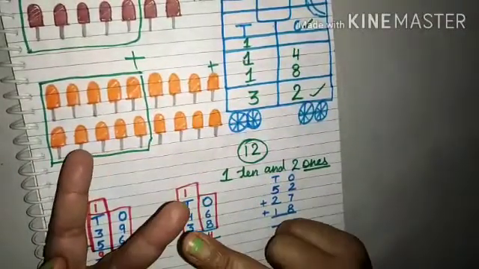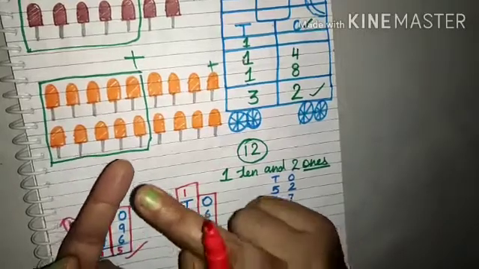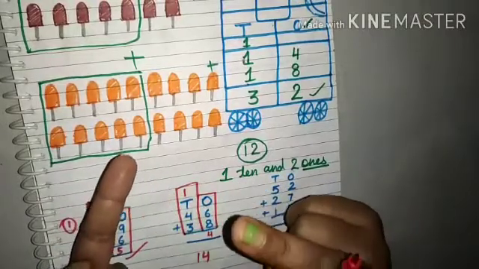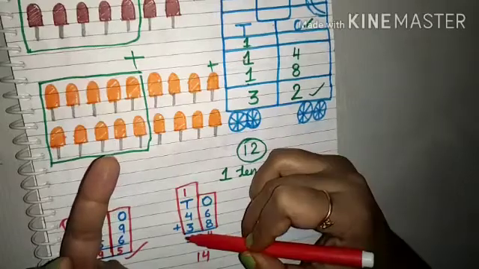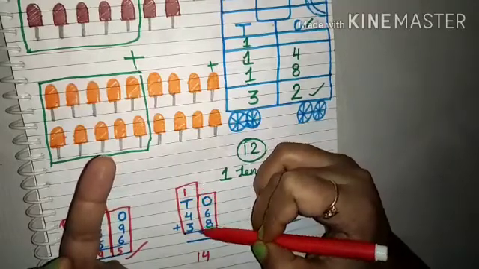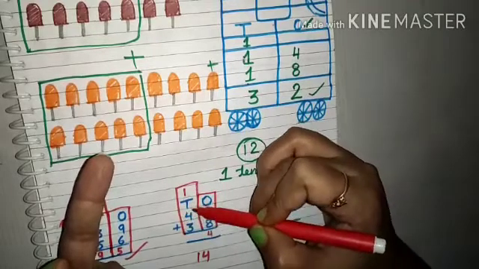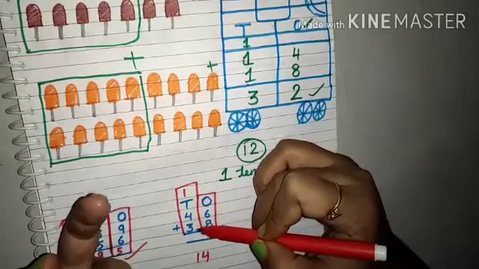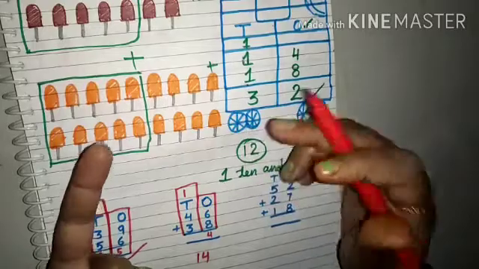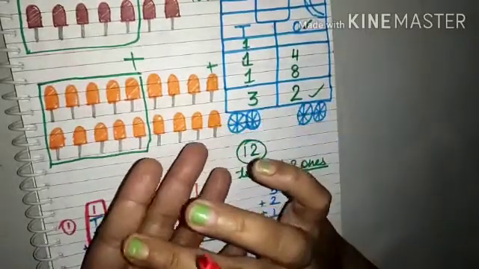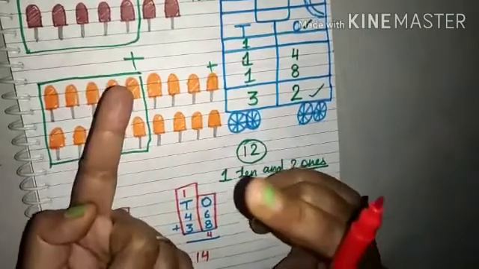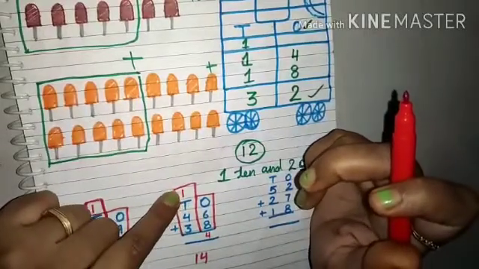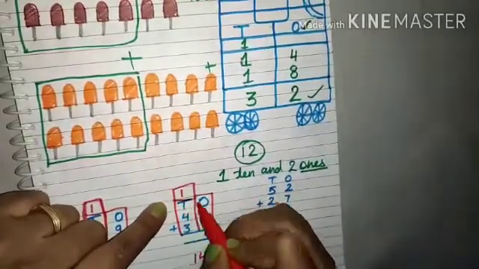So 4, 5, 6, 7. 7 and I am going to add this 1 also.